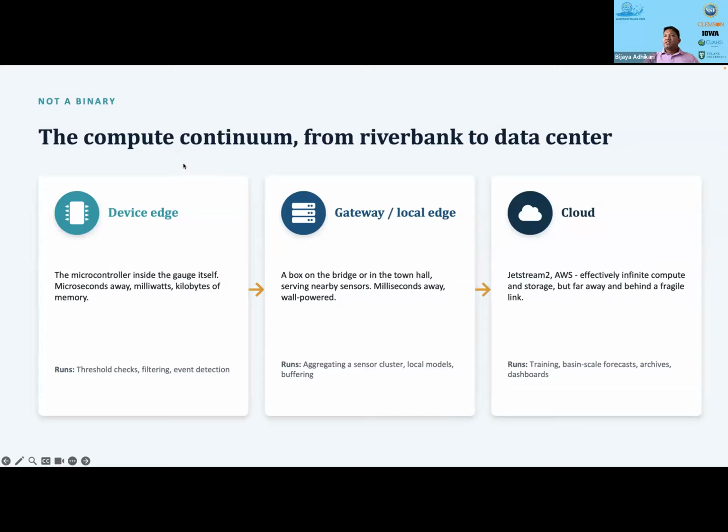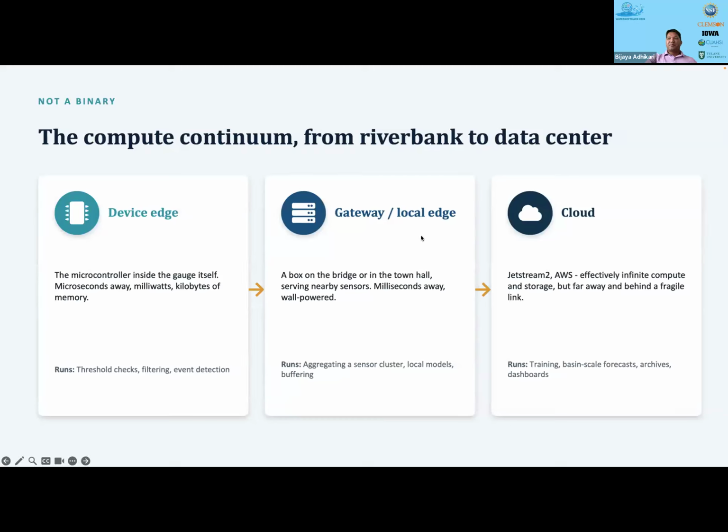Okay, so this is the compute continuum, in a sense. Let's think again of the flood warning system we're considering. Where exactly does the computation happen? It goes from the riverbank to the data center. The edge device is the microcontroller inside the gauge itself, which is sitting in the river.